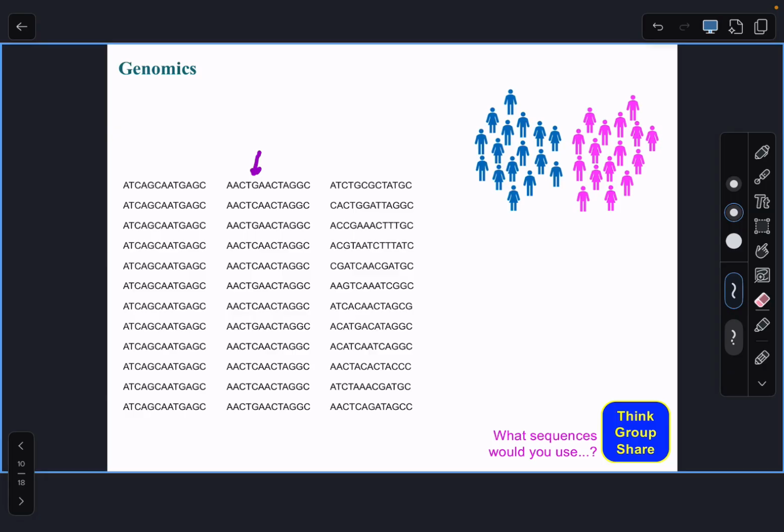We kind of touched on this before, the idea that individuals in a population may differ in one very detailed aspect of their genetic sequence in a way that might allow us to say, okay, now I'm a little more confident that we're not the same when it comes to that middle column.